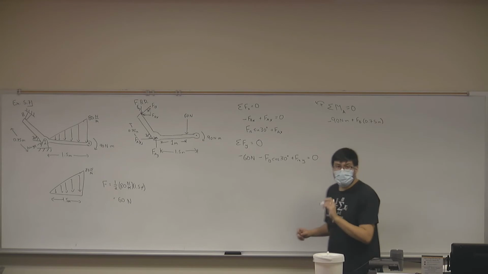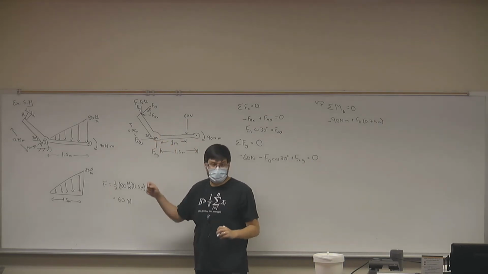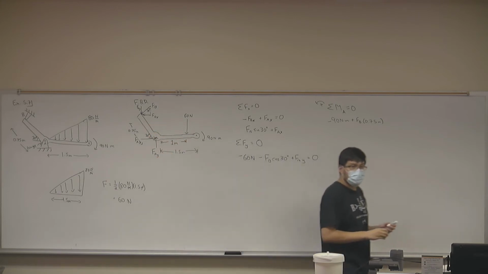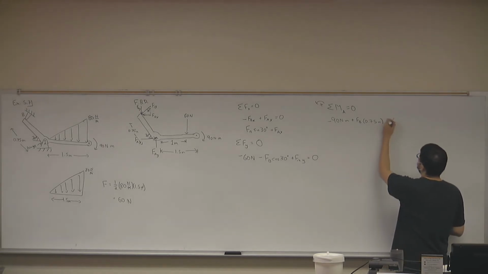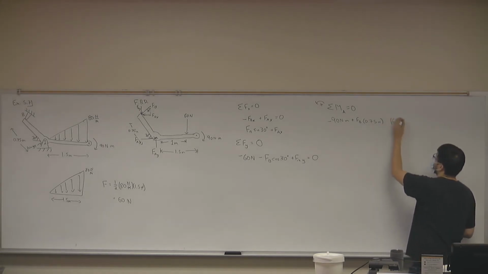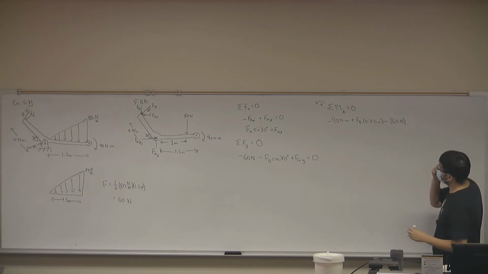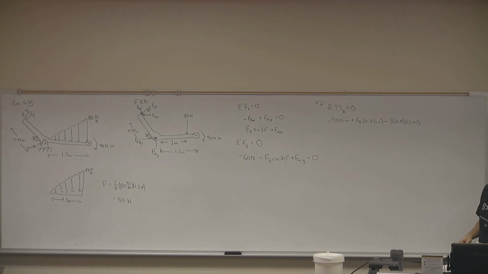It doesn't matter. It's just a rotation. It doesn't matter where I'm exerting it. It will apply equally to any point in the body. And then we have our 60 newtons. It'll be negative times our 1 meter. We can actually solve for this one.